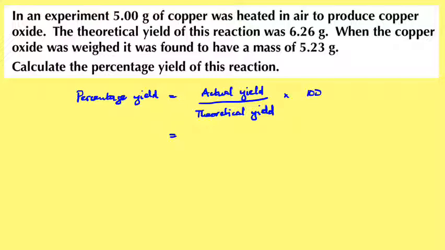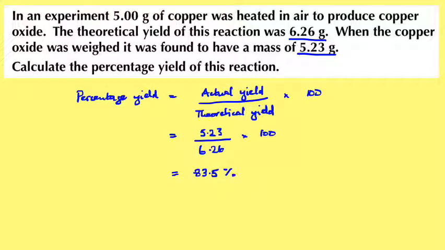In this case, our actual yield was 5.23 grams. Our theoretical yield, given also in the equation, is 6.26 grams. Times 100 would give us our answer, and plugging that into the equation gives us 83.5%.